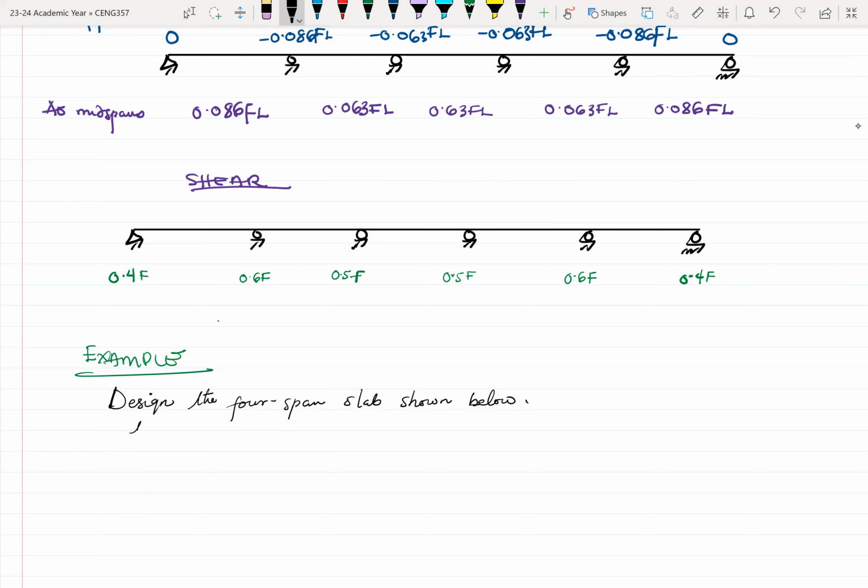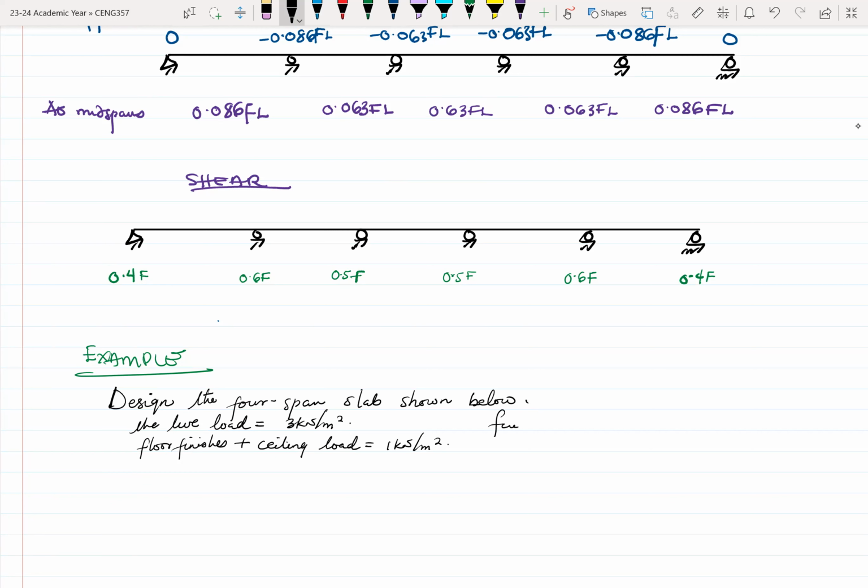The live load is 3 kilonewtons per meter squared. Then floor finishes plus ceiling load give us, let's say, 1 kilonewton per meter squared.